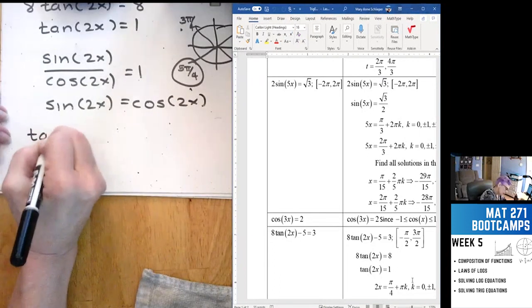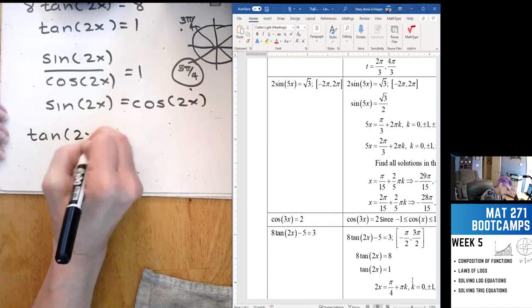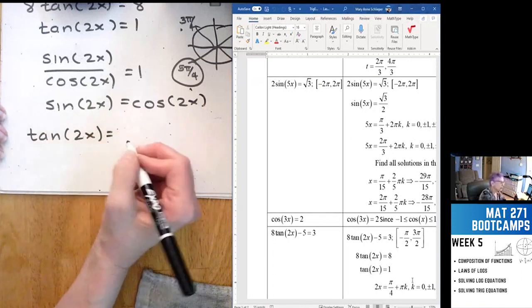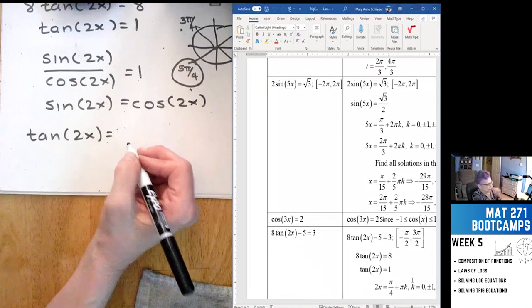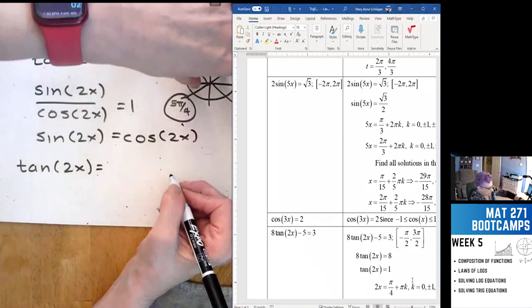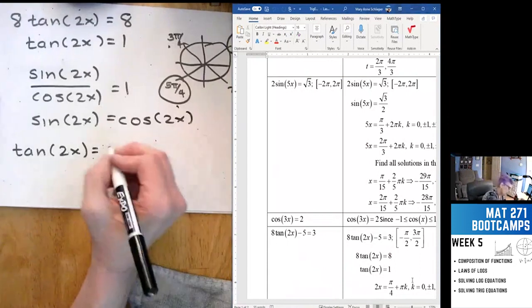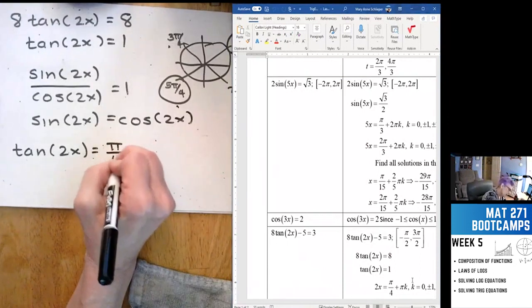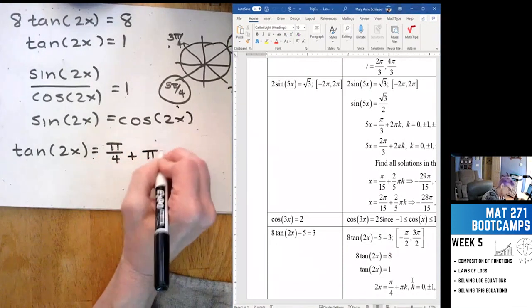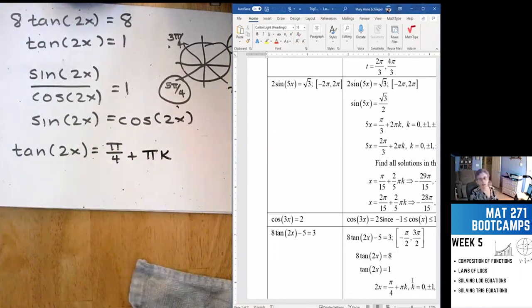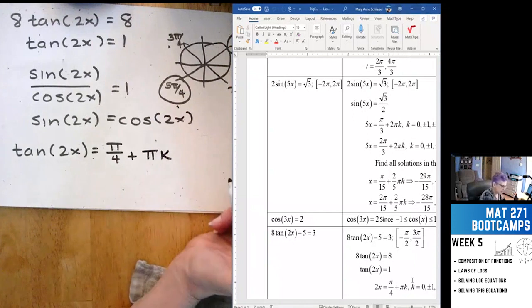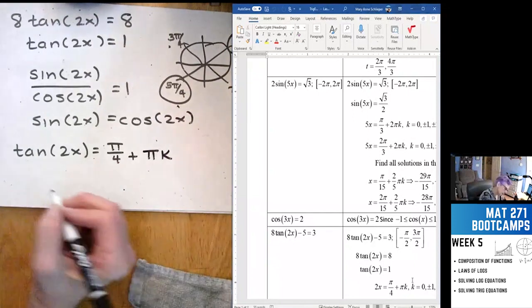So tan of 2x, and tan's pretty cool because even though I have two answers in the interval between 0 and 2 pi, I can just write it as pi over 4 plus pi k because it cycles every pi units instead of 2 pi.